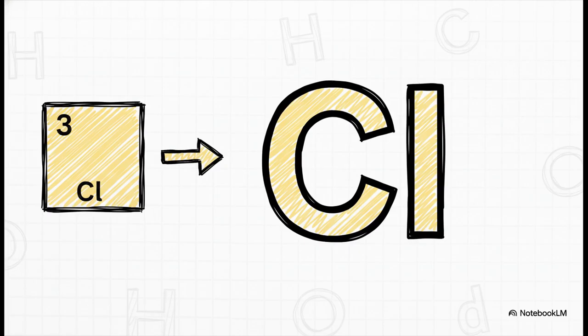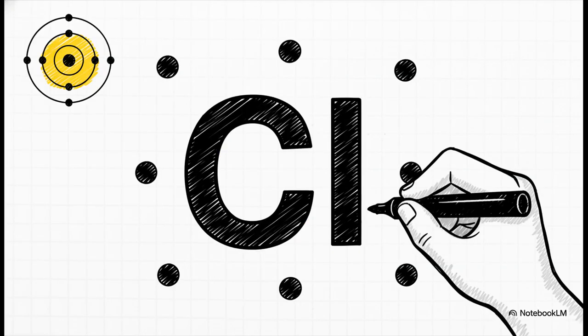Easy enough, right? And here is where those valence electrons come into play. We represent each one with a simple dot. Now, chlorine is over in group 17 on the periodic table, which tells us it has 7 valence electrons. So we just place 7 dots around the symbol, and that's it. Seriously, that is the Lewis symbol for a chlorine atom.